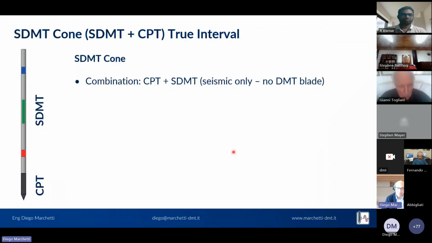So, moved by this LinkedIn discussion, we decided to combine the SDMT also with the CPT. And to distinguish this combination from the seismic CPT, we decided to call it SDMT cone. So, the SDMT cone is not any seismic CPT, but it's a combination of CPT and SDMT. Of course, without a blade, just with the seismic part.